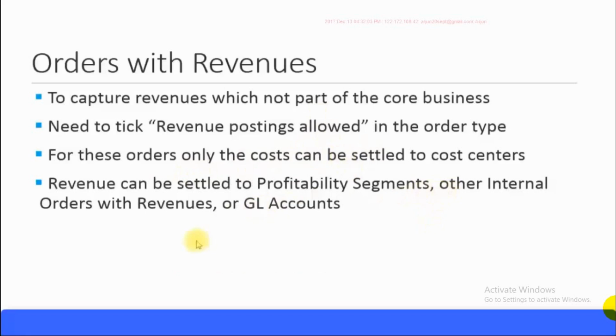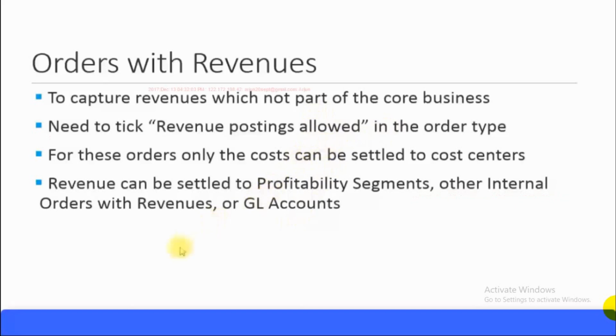That becomes a bit complicated, because if these orders incur some expenses, you have to do two different types of settlements: the expenses you can settle to cost centers, and the revenue you need to settle to a different cost object. That's why these orders are very rarely used. If you really have to use this scenario for one-off business tracking, then pick up revenues only. Don't pick up expenses against these orders, because it becomes much easier to settle to other cost objects.